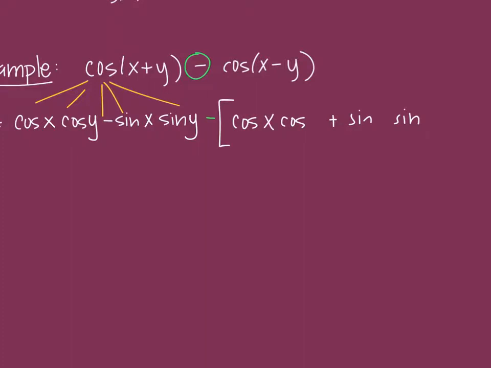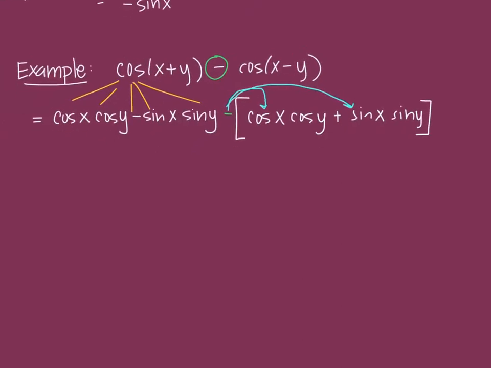Fill in a positive x, a positive y, a positive x, a positive y. The only thing that gets distributed is this subtraction. Okay, that subtraction is the only thing that actually gets distributed in this problem.